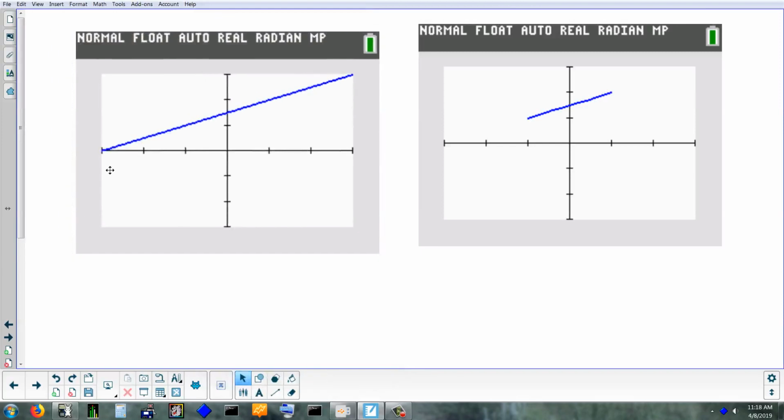Yeah. The segment that exists on the right graph, yeah. But are they the same picture exactly? No, not quite. What we want is just the section between -1 and +1. That's what you want to draw. So why didn't the calculator do that? Because we didn't tell it to do that. We told it to draw the whole line.